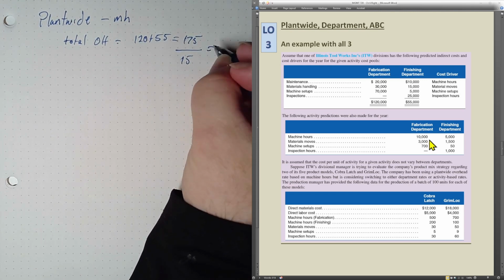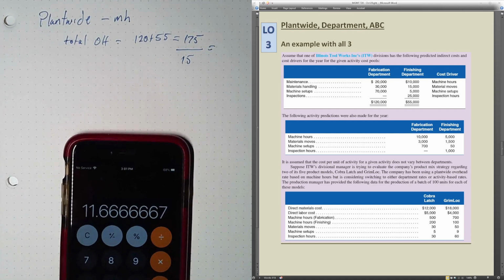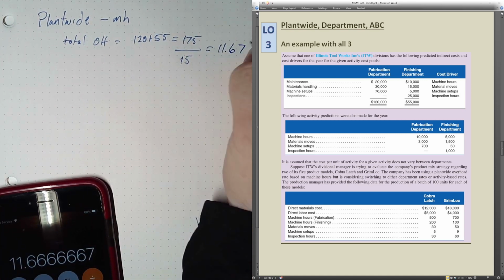So if I divide that out, 175 divided by 15 is going to be 11.67 repeating. So we'll just call that 11.67.